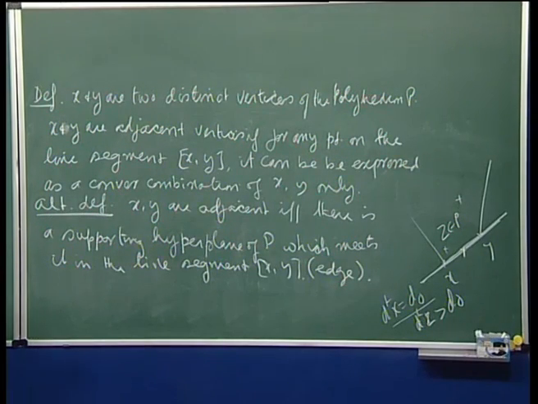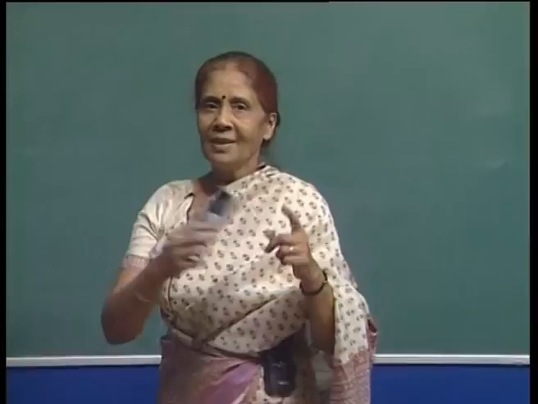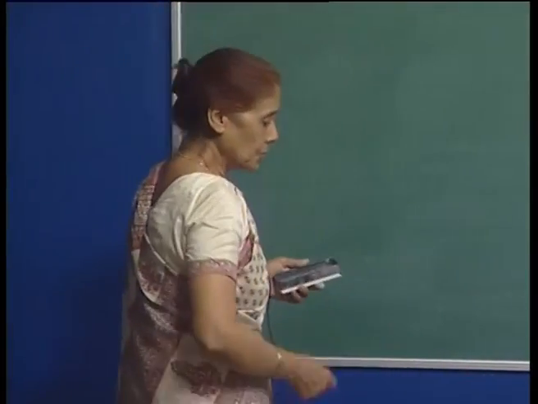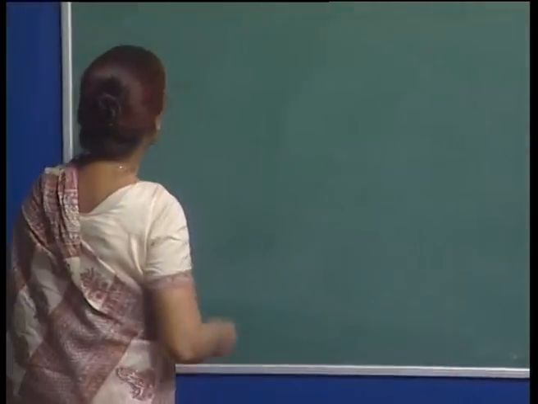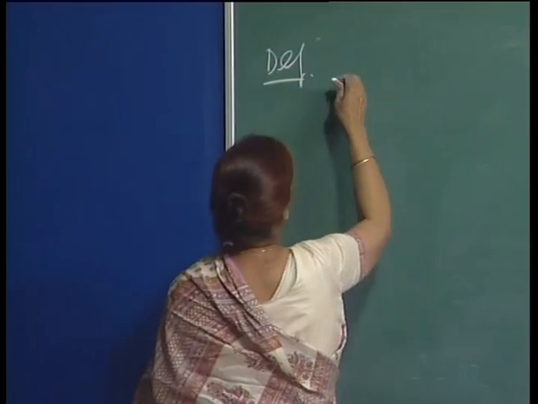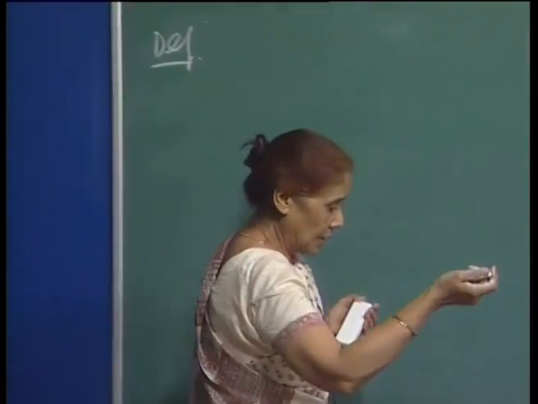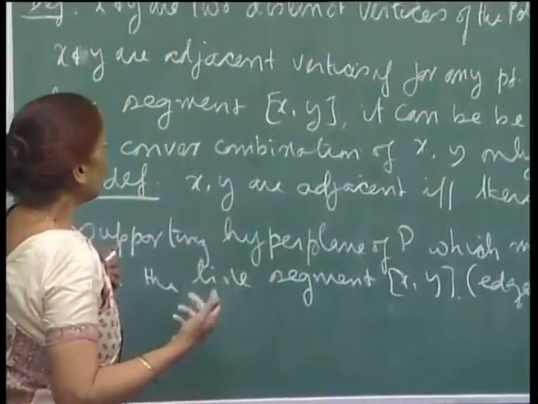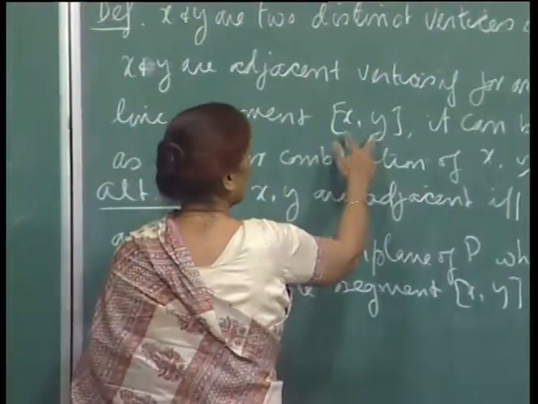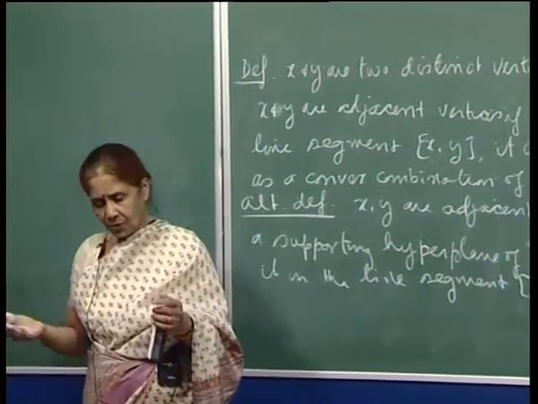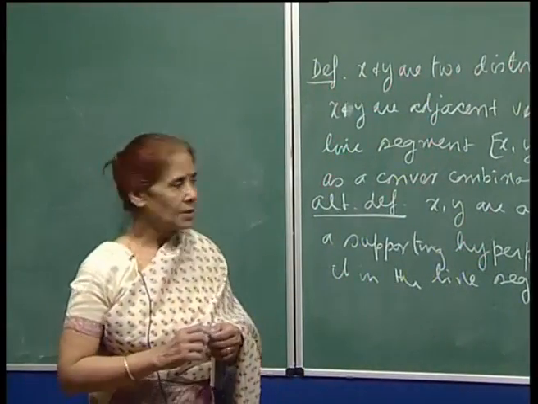Now I'll show you that this concept of adjacency also translates to the corresponding basic feasible solutions being adjacent. Remember we have been using the same notation, even though some texts might use different notations for the vertex and the corresponding basic feasible solution. I have been doing the same just to keep the presentation simple.